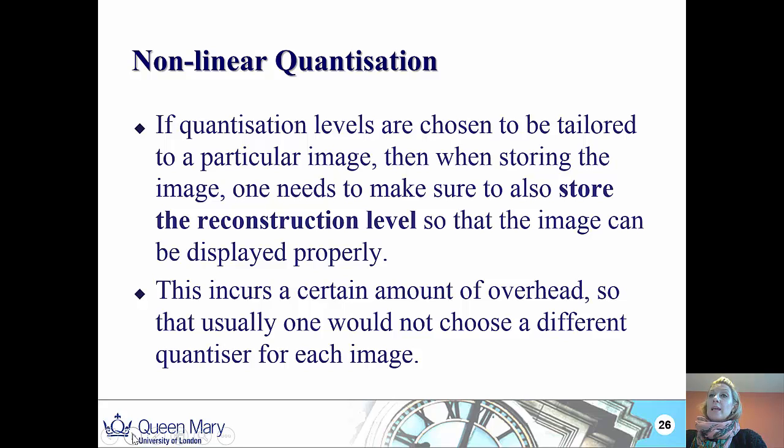So this incurs overhead in association with the communication. It's important to choose the optimum approach for the data that's being communicated and to use the same quantization approach as well for each image, because there is this overhead in terms of the information needed to decode the images at the other side of the network.